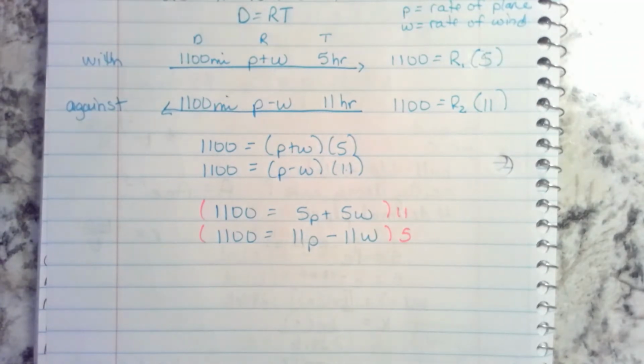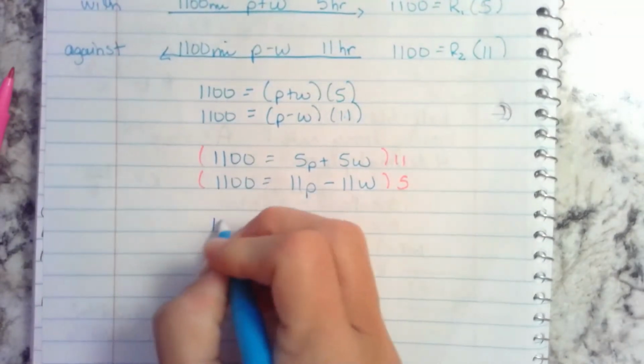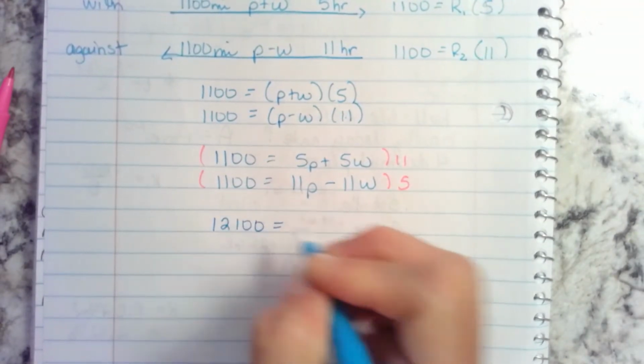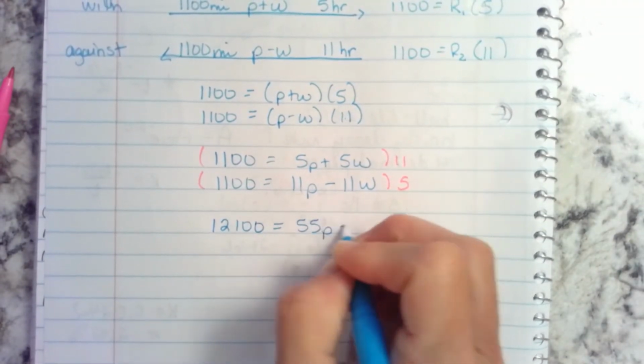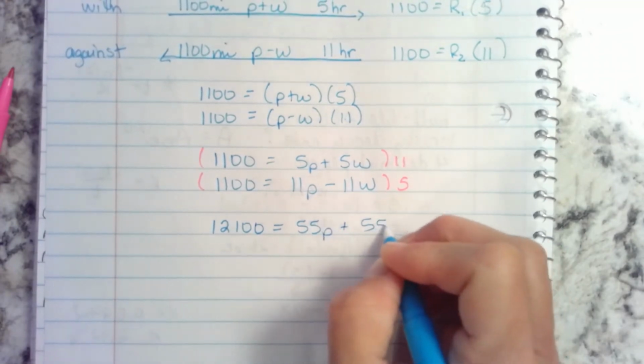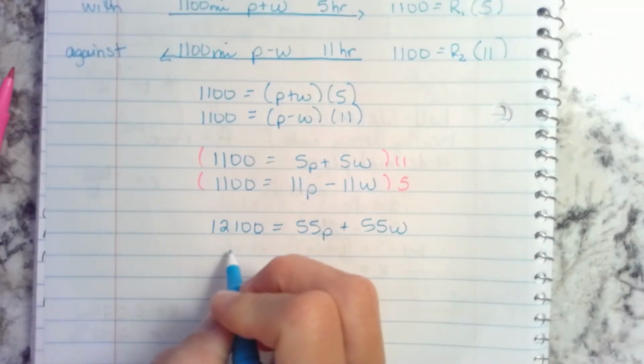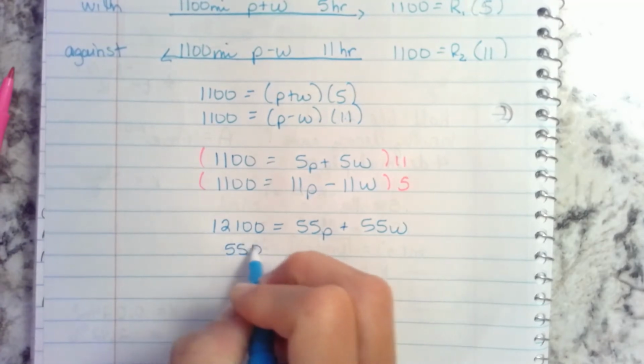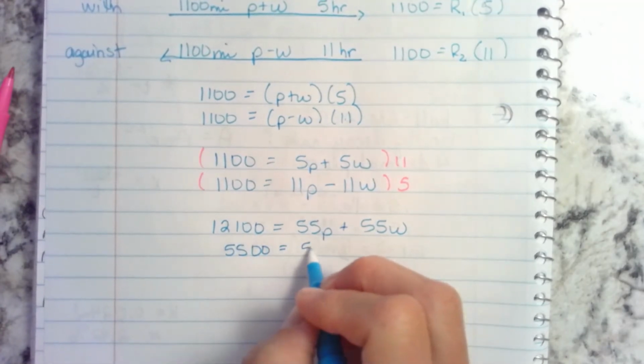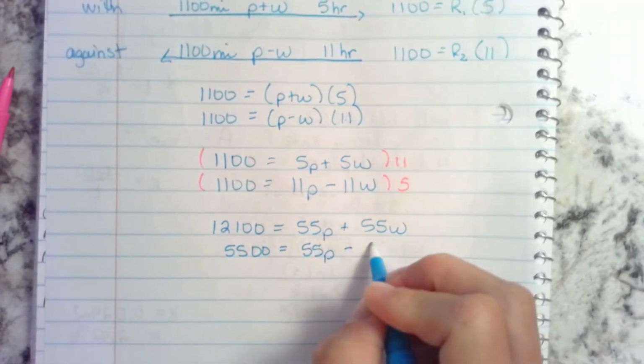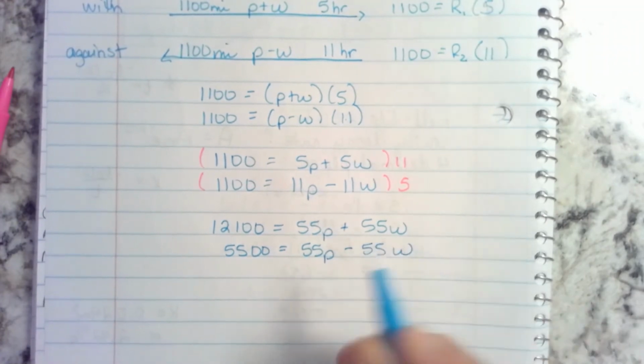So we have 1,100 times 11, and we get 12,100 is equal to 55P plus 55W. This one would give us 5,500 is equal to 55P minus 55W.